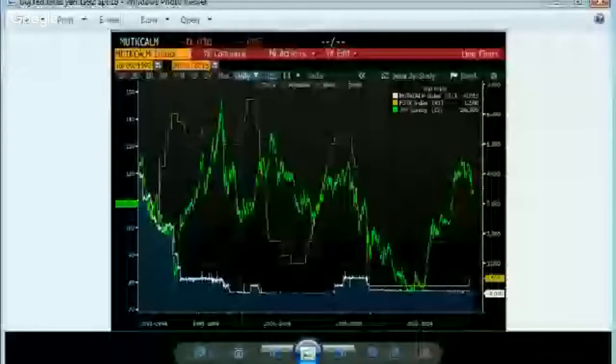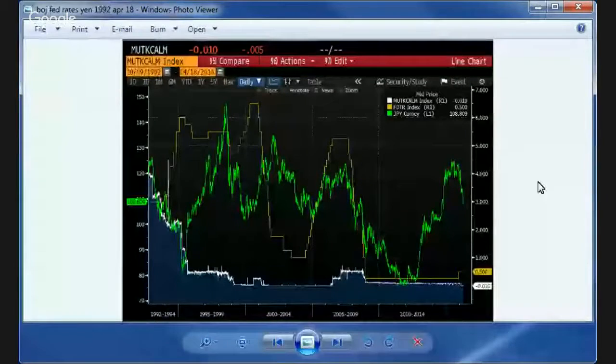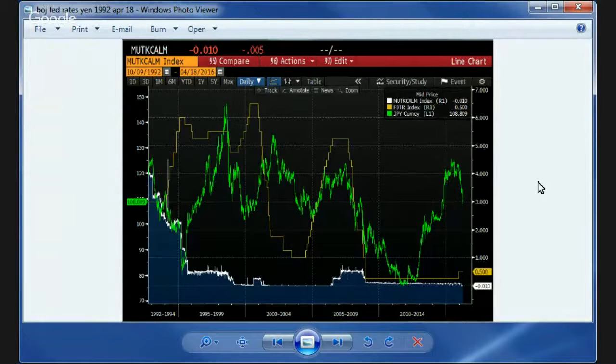Let me just find it here. Okay. This is a chart of the Japanese overnight call rate, which is the white, the Fed funds rate, which is in yellow, and the dollar yen rate.